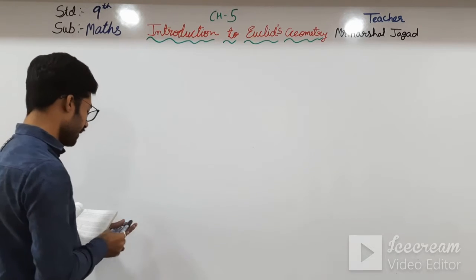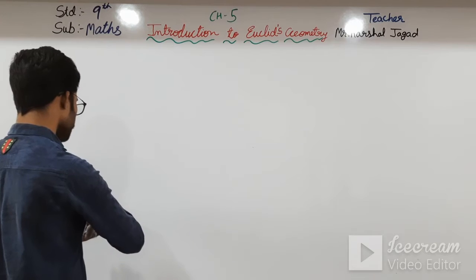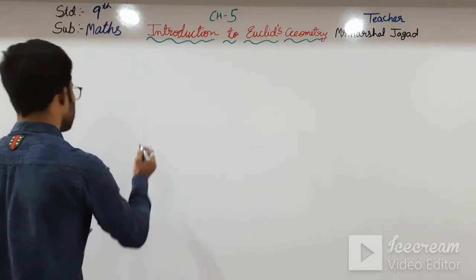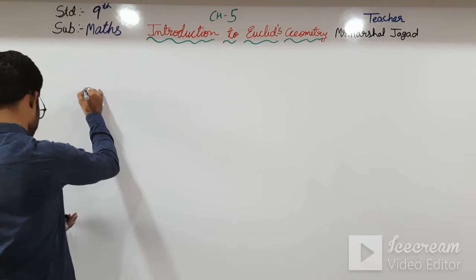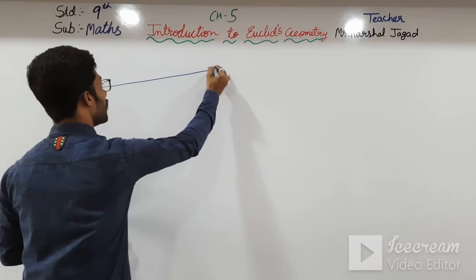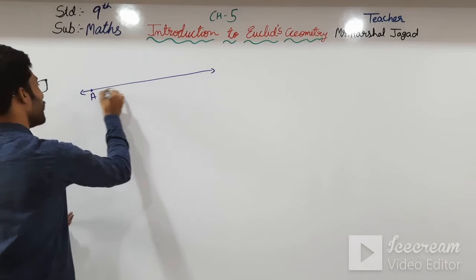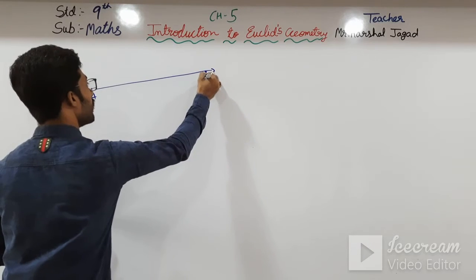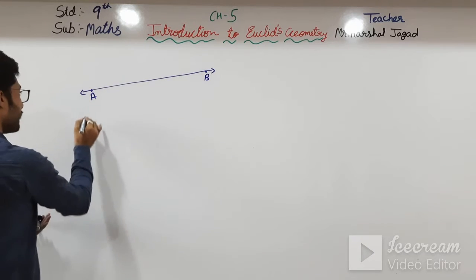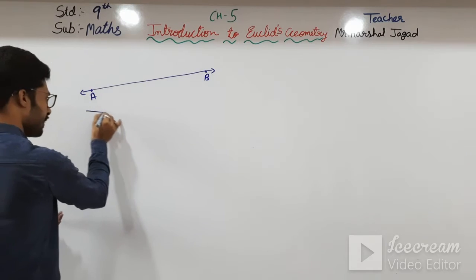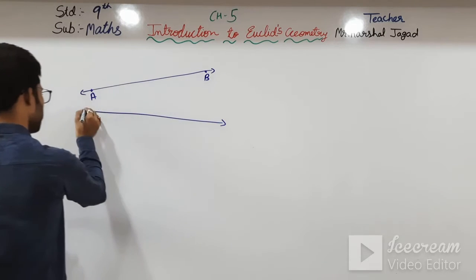Okay students, here a line is given. This is line AB, another line, that is CD.